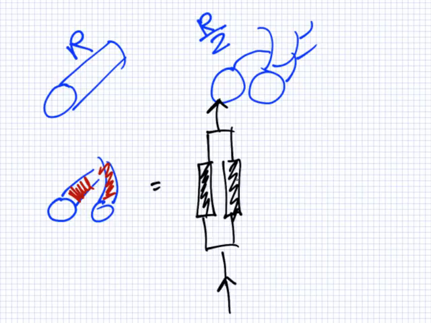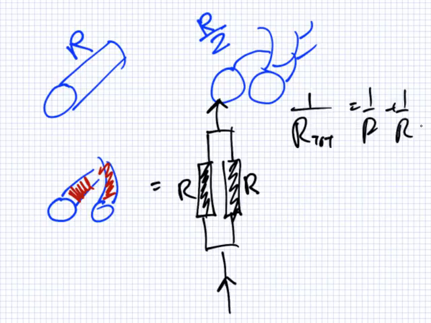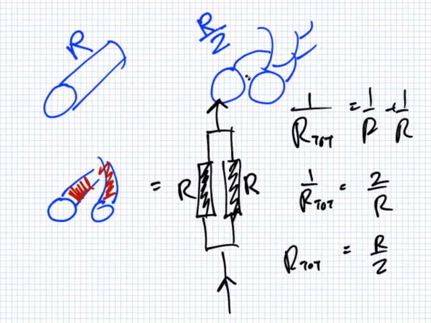If this has resistance of R and this has resistance of R, the total resistance is 1 over R plus 1 over R. Is it the same as on the plug, where there are the key wires, the earth wire? No, that's different. We'll talk about that one later. So 1 over R total is going to be 2 over R. So R total is going to be R over 2, which is the same as this one, not this one.